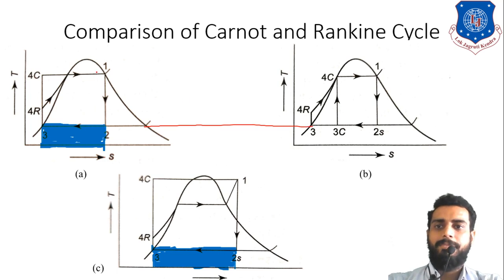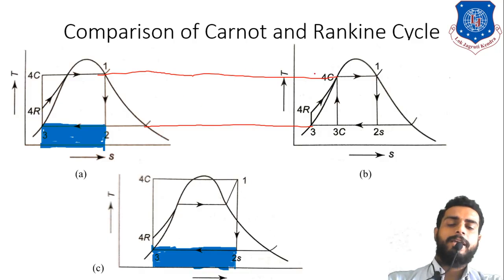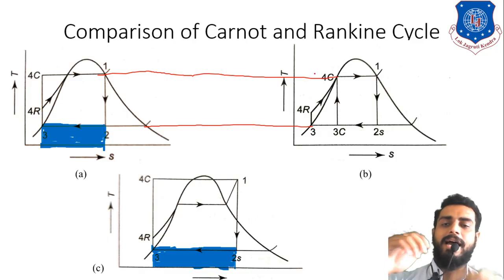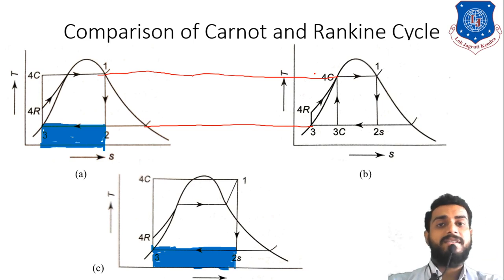Same way, this higher heat addition line is parallel to this one, right? That means the heat addition and heat rejection lines are the same. It is assumed that in diagrams A and B, heat addition and heat rejection take place at the same temperature. If that is the case, then what will happen here?